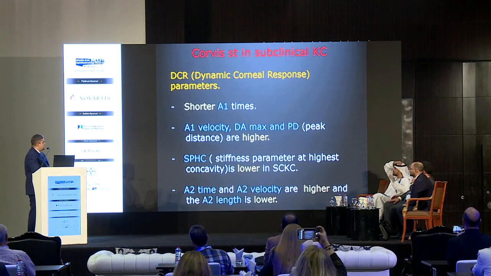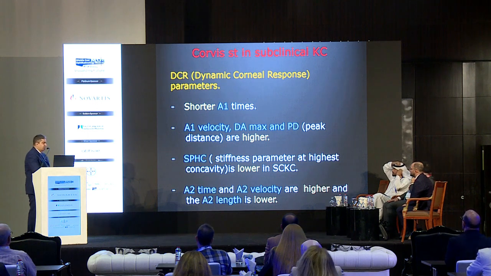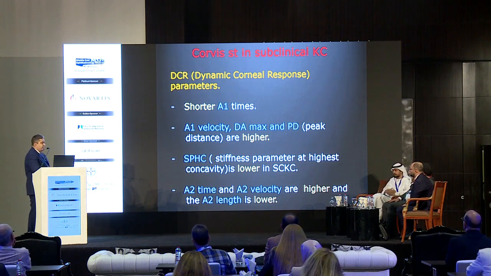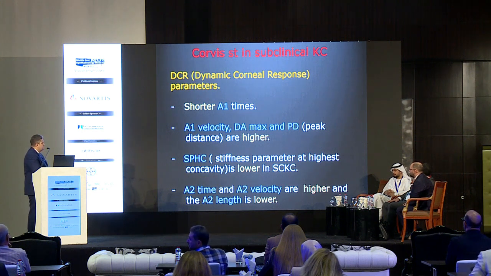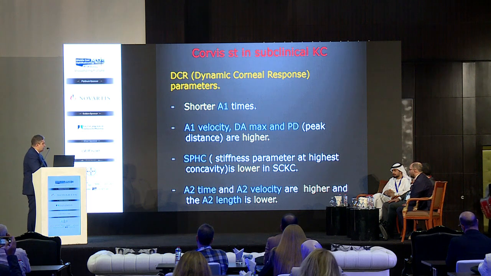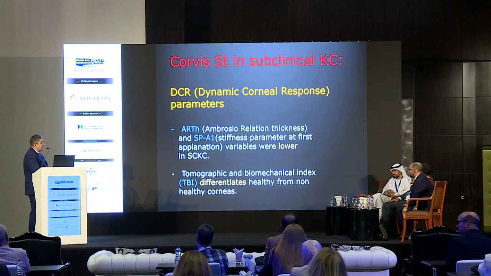In the dynamic corneal response, or the CBI, corneal biomechanical index, we have a shorter applanation A1 first curve, and the A1 velocity, deformation amplitude, and the peak distance are higher. The stiffness parameter is at a higher concavity. The Corvis gives a lot of data, more than the other devices, so we can depend on this.